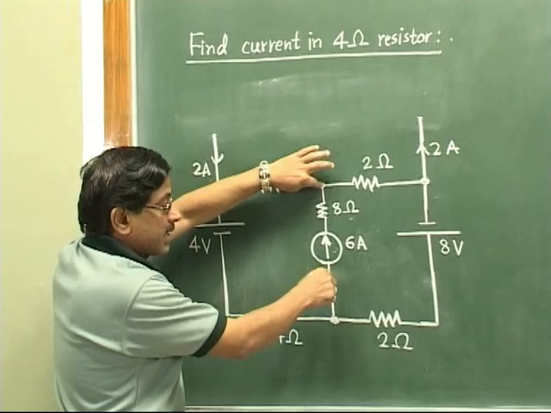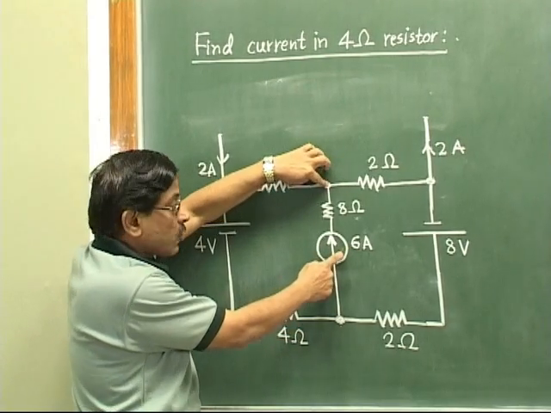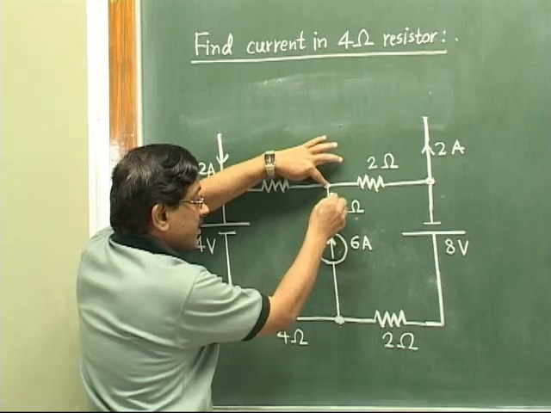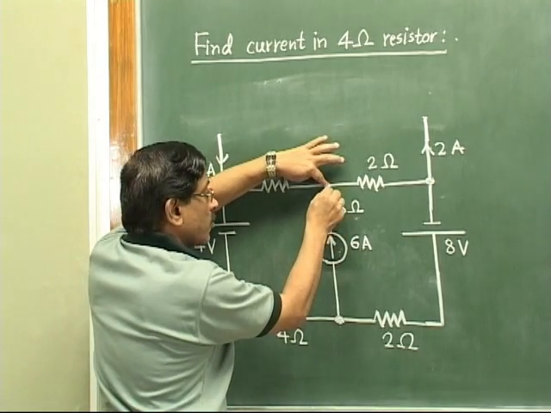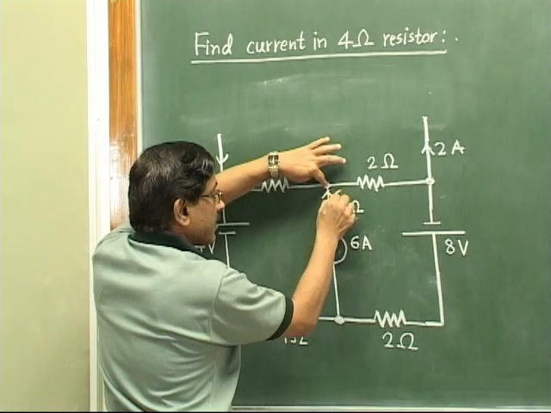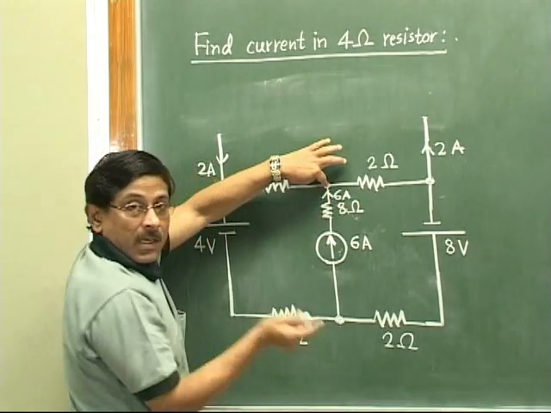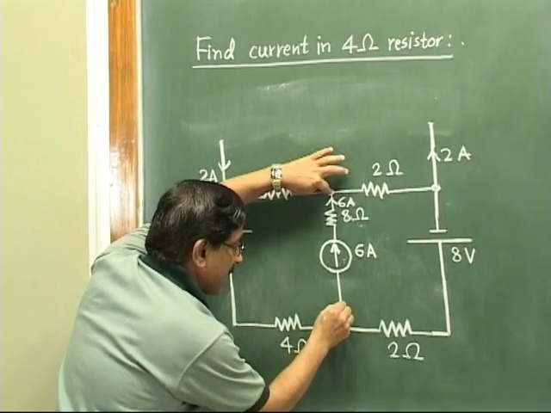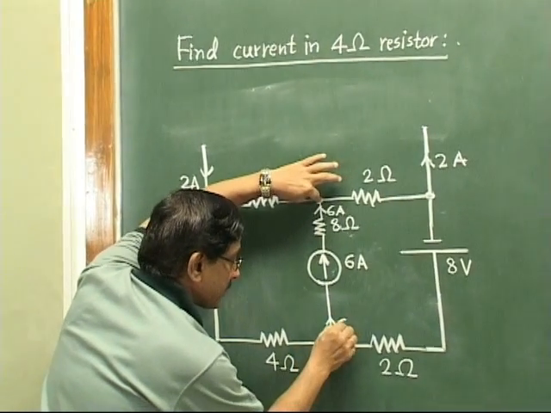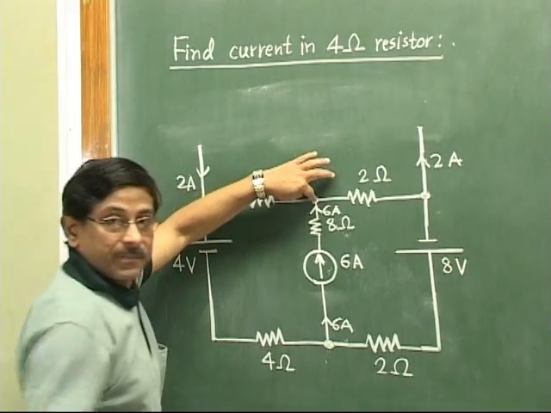Again, what is the meaning here? This 6 ampere source is sending a current of 6 ampere in this direction. So suppose we show it like this, 6 ampere. Also it means that a current of 6 ampere is taken from this node. That is the only meaning.